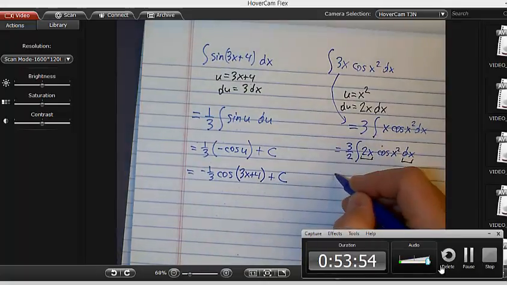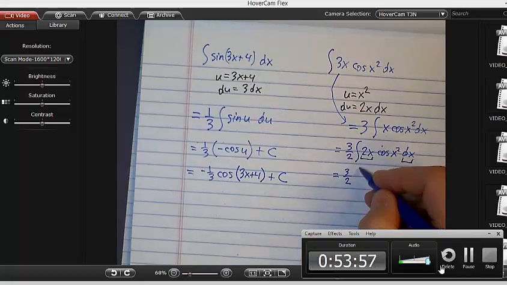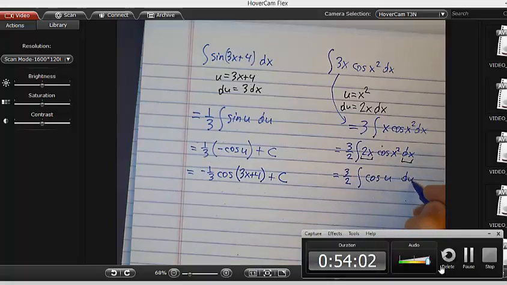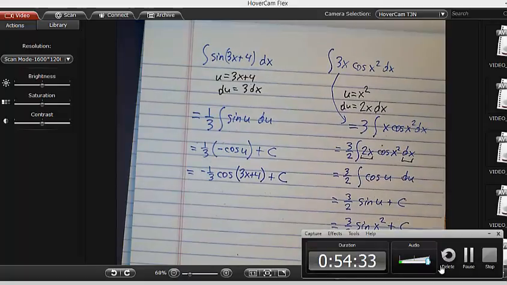So I get 3/2 integral cosine of u du. You have to get the du in there. And now let's see what we have. What's the antiderivative of cosine? Okay. So the answer, I guess, would be 3/2 sine of x squared plus c.